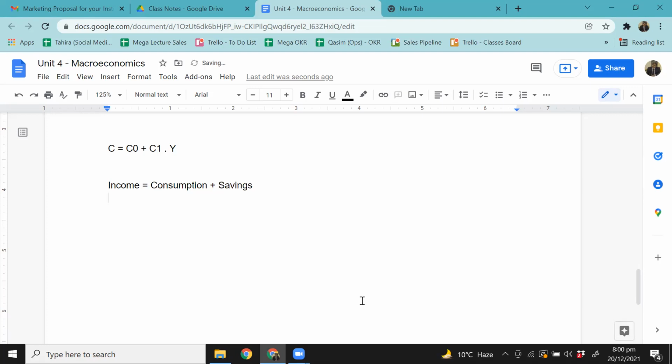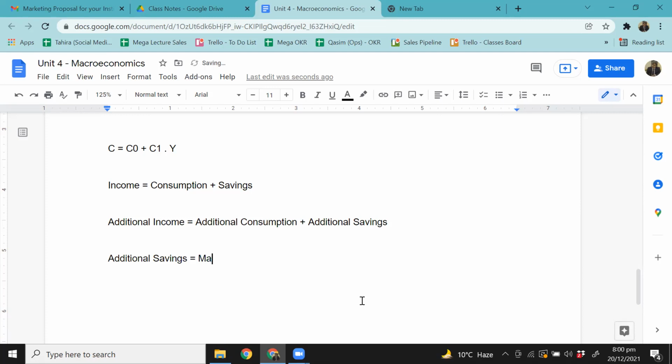And the second formula that we wrote was additional income equals additional consumption plus additional savings. Got it? Now what is additional savings?